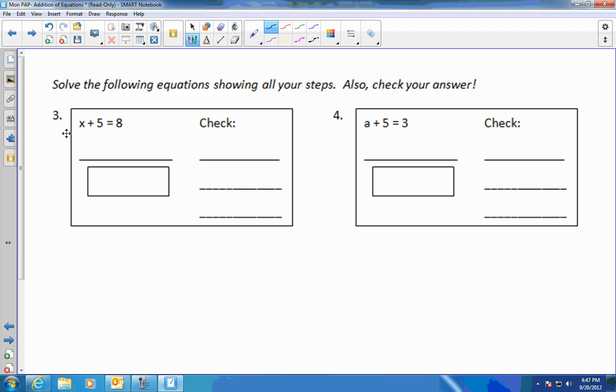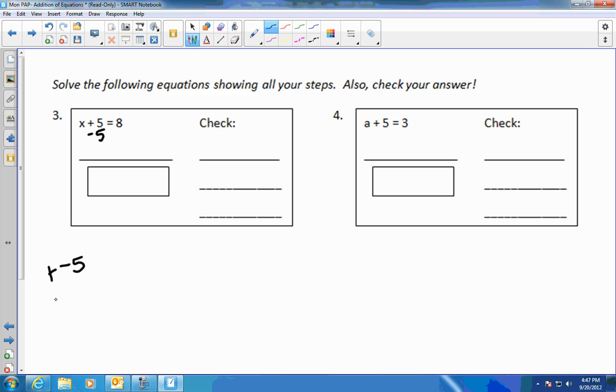So what you're looking at is I've got x plus 5. So on x plus 5 equals 8, I need to get rid of those positive 5. And if you think about it as your counters, those are your positives. I'm going to get rid of them with negative counters. So if I write -5, adding negative 5, that is actually the same thing as subtracting 5, taking them away.